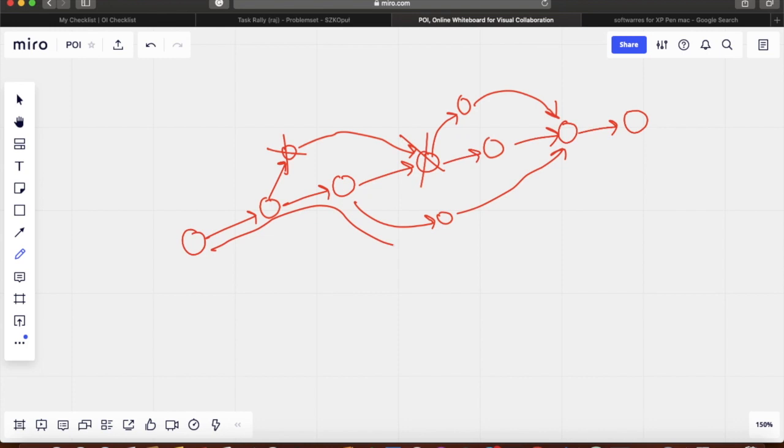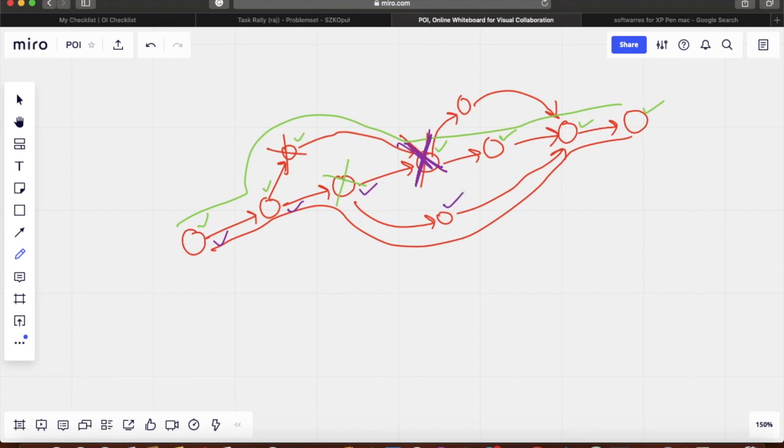For the green line, the length of the path is not getting reduced. But if we had deleted this purple node, our longest path was 1, 2, 3, 4, 5, 6. So this is in fact shorter than the original longest path.